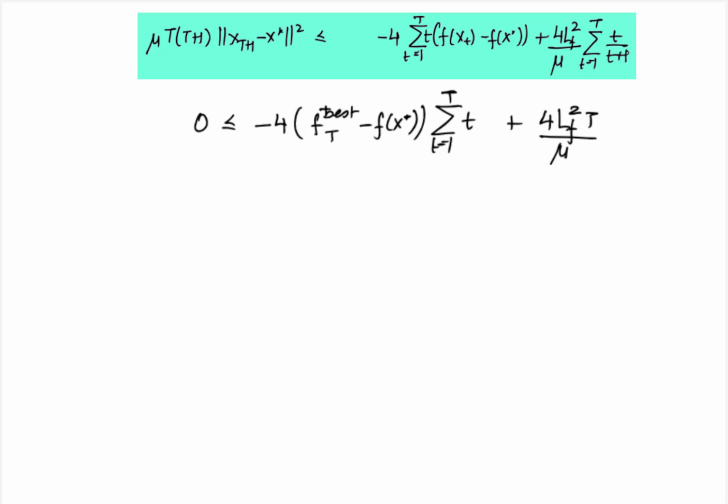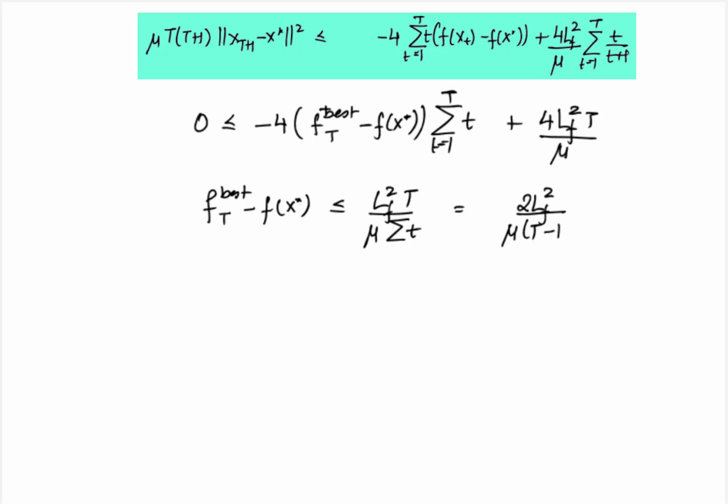So rearranging this, we obtain that f best of t minus f of x star is less than or equal to LF square into t divided by mu times summation of small t, which will give us 2 LF square by mu times t minus 1.